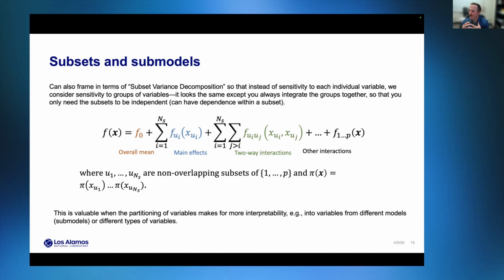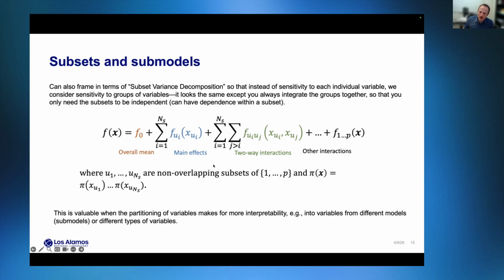And really, what I'm after is not the individual effect of parameters, but the effect of a submodel and how much variance that submodel is driving, so that I can prioritize research. If it's for a particular material, I can say, if that's explaining a lot of the variance, I need to go understand that material better. Not a particular parameter necessarily, but I just need more experiments to probe that material.